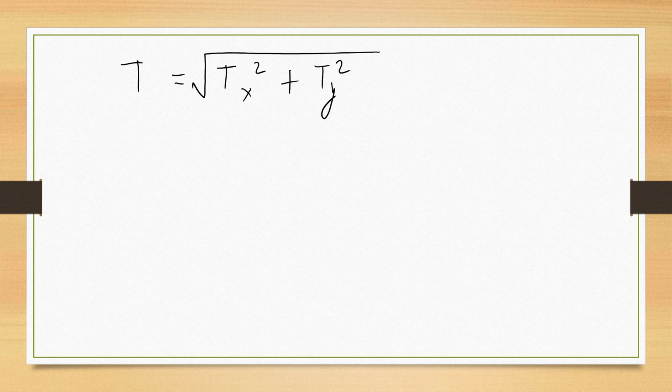The D part is to find the total tension, which is the resultant, the square root of the horizontal component of tension squared plus the vertical component of tension squared. So the horizontal component was 1.64 squared plus 2.45 squared.